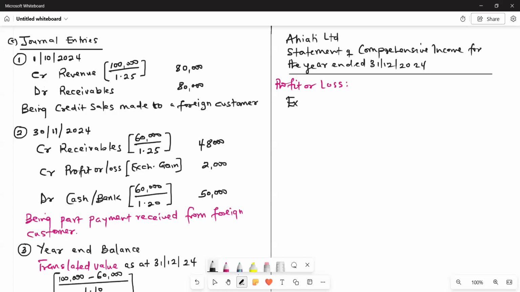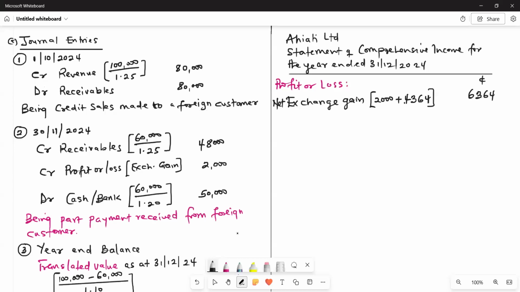So the net effect is exchange gain, right? So you have a net exchange gain. If there's a loss, you deduct it and bring the net here. So that is 2,000 plus 4,364, which gives us 6,364.